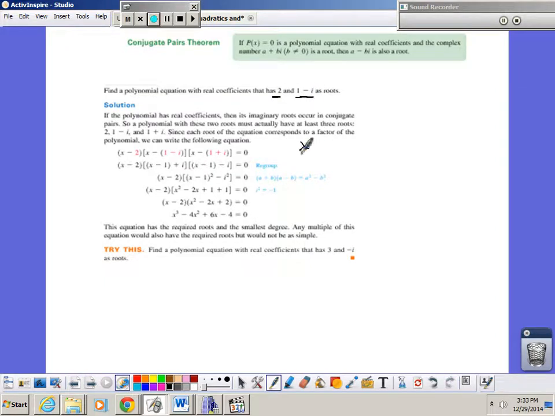So I do x equals 2, so x minus 2. And I do x is equal to 1 minus i, so it's x minus 1 plus i. And I have x equals 1 plus i. So that's x minus 1 minus i.